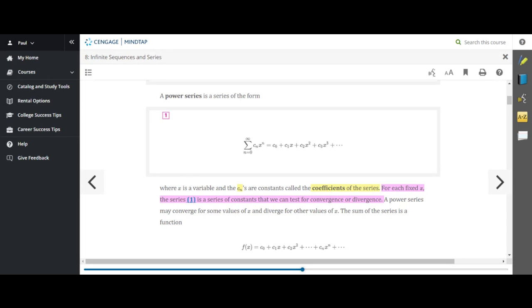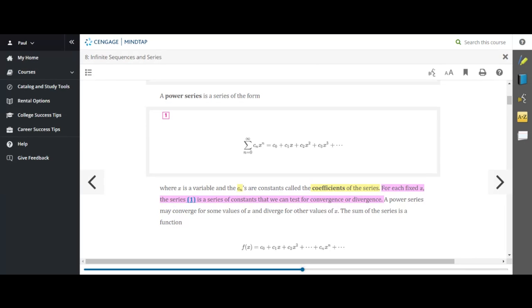So you've seen a little bit of this, but what we're doing now is we're focusing on these power series. And the idea is that you're going to learn that you can actually take functions like the sine of x, the cosine of x, e to the x, the log of 1 plus x. You can take functions and write them as power series.